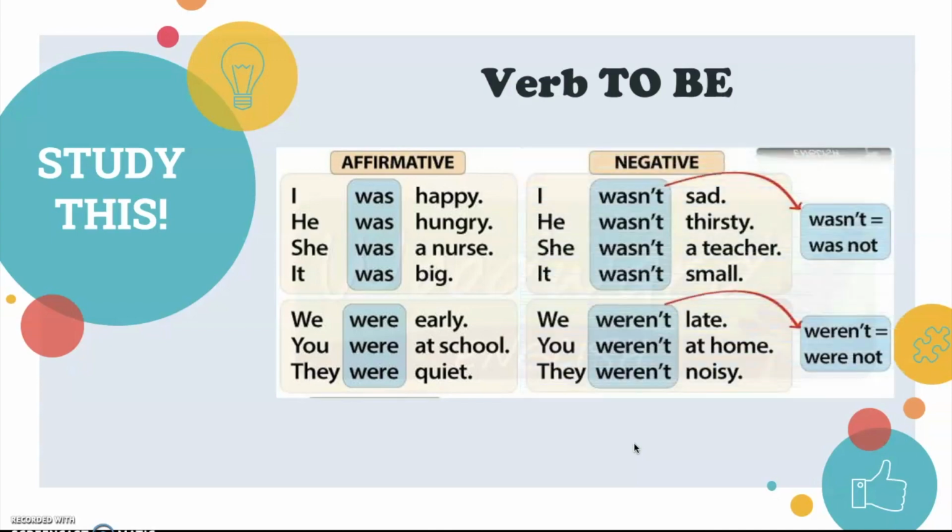The negative form is like this. We are going to use wasn't for I, he, she, and it, and weren't for we, you, and they. Let's remember that the contraction of wasn't is was not, and the contraction of weren't is were not.